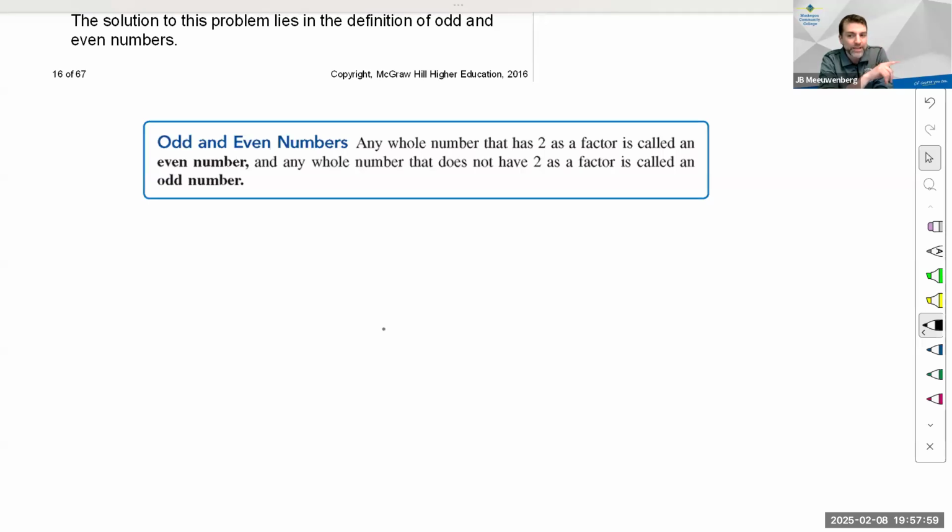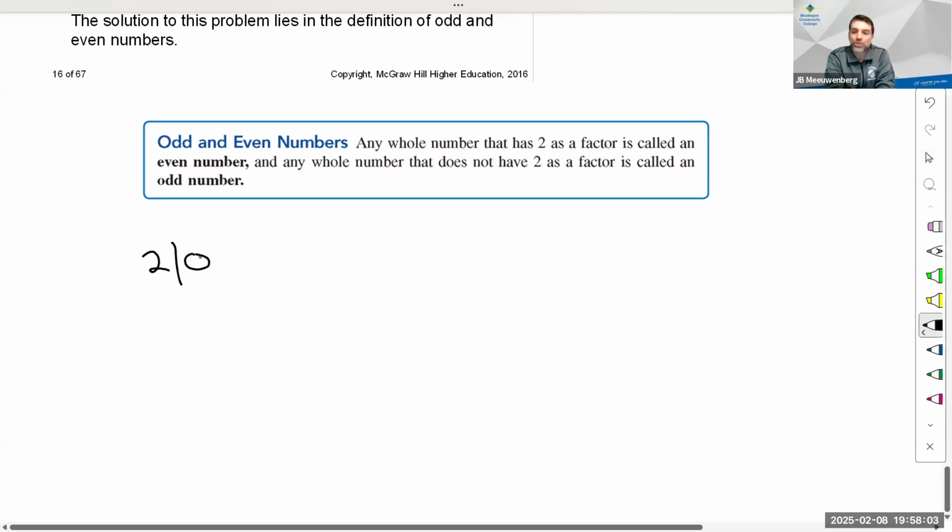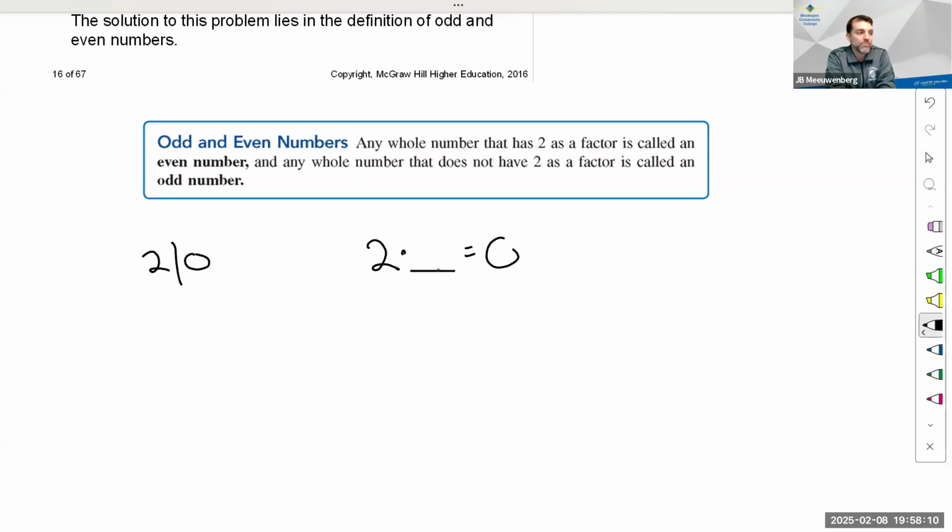Well, if you watched the last video, at the very end, we came across this question. Does 2 divide 0? And we said that as long as there's some number that, when we multiply it by 2, equals 0, then 2 divides 0. 2 is a factor of 0.